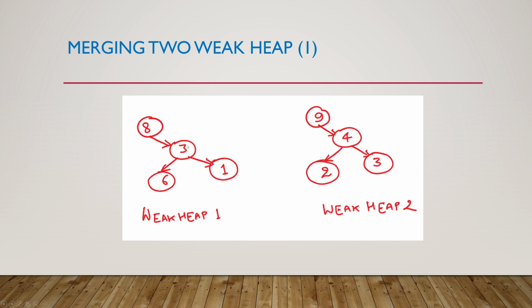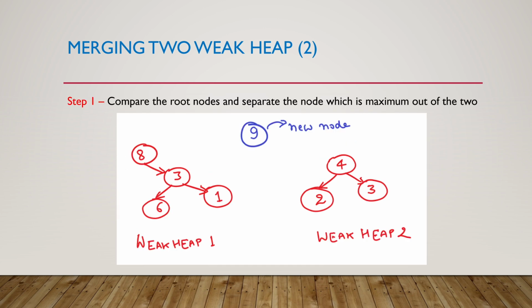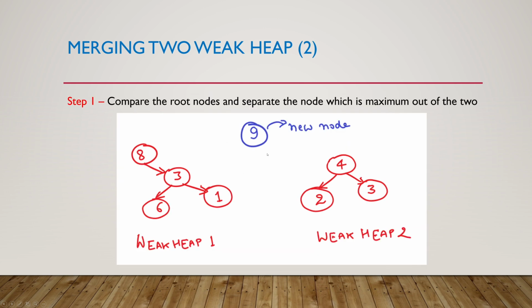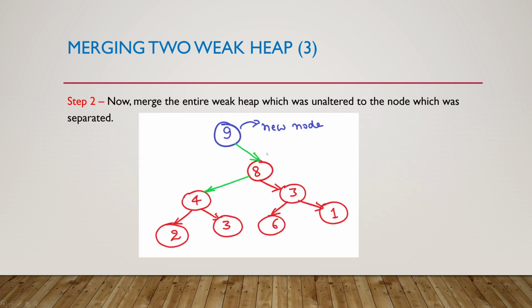We'll also work on 8, 3, 6, 1. For now, as you can see, weak heap 1 is as it is, but weak heap 2 has been reduced to 4, 2, 3, and 9 is now floating around. With this, we will take the two remaining weak heaps and merge the entire weak heap which was unaltered to the node which was separated.